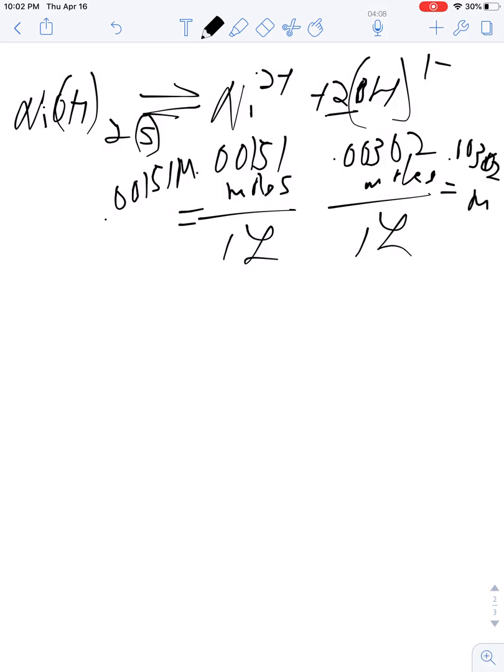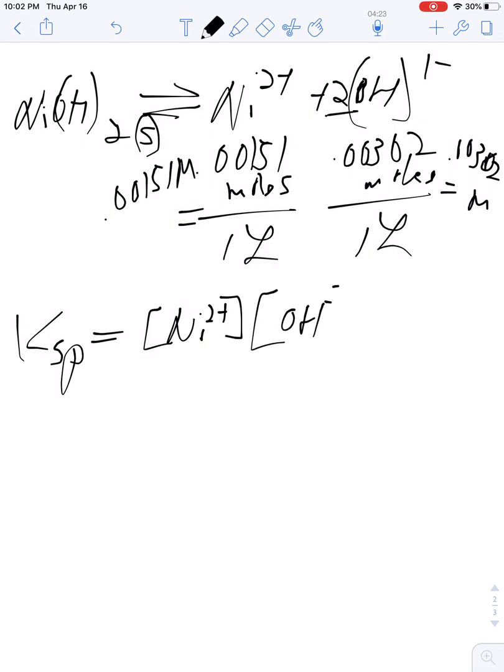Okay? The equilibrium expression is the products over the reactants. Well, the reactant is a solid, so it's not included in the expression. So it's just going to be nickel over hydroxide, but remember we raise it to that power. Okay? So then we just plug in the numbers.